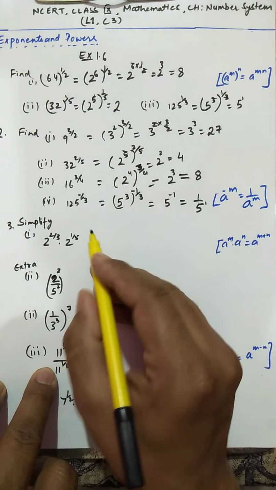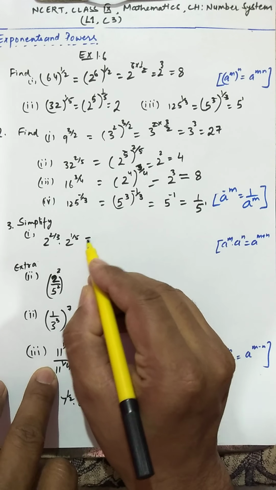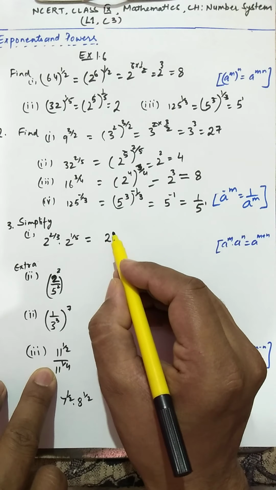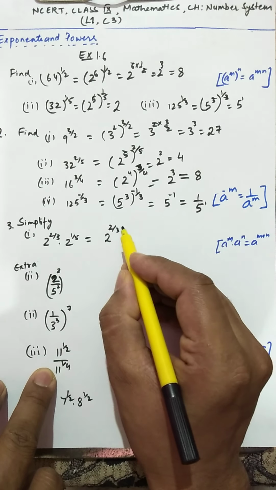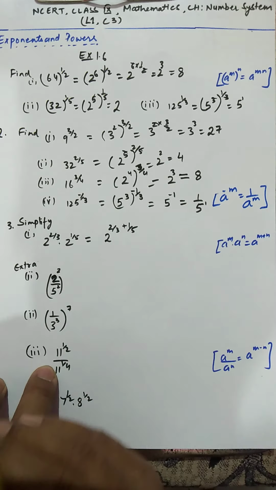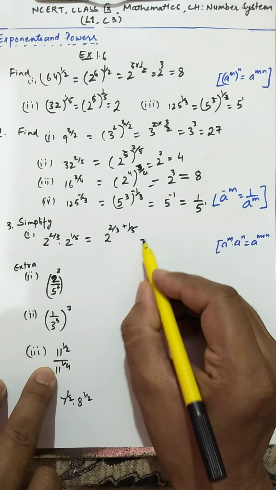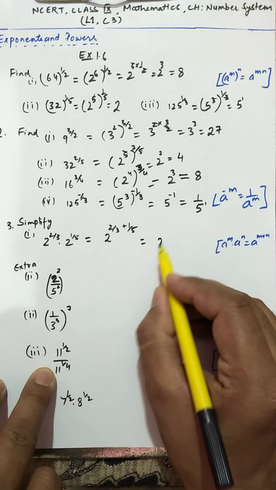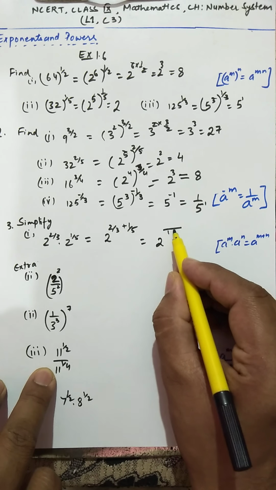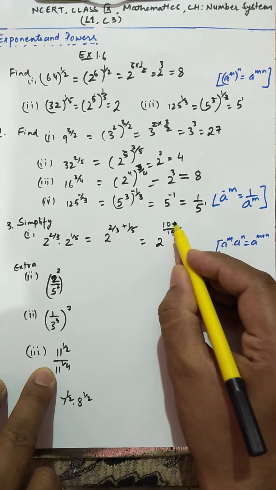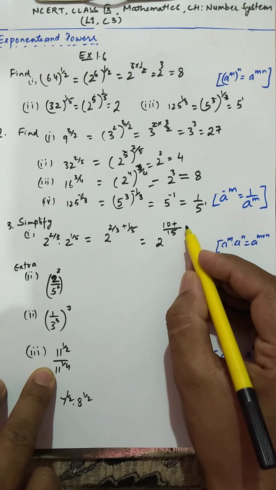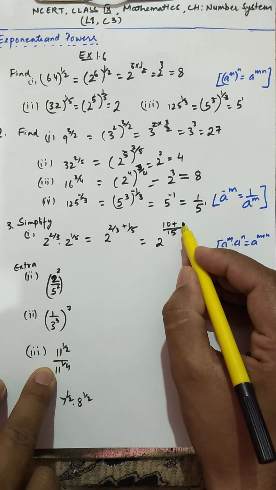So the bases are same, so we add the exponents: this is 2 by 3, this is 1 by 5. You have to take the LCM, which will be 15, and this becomes 5 plus 10, that is 2 to the power 13 by 15.